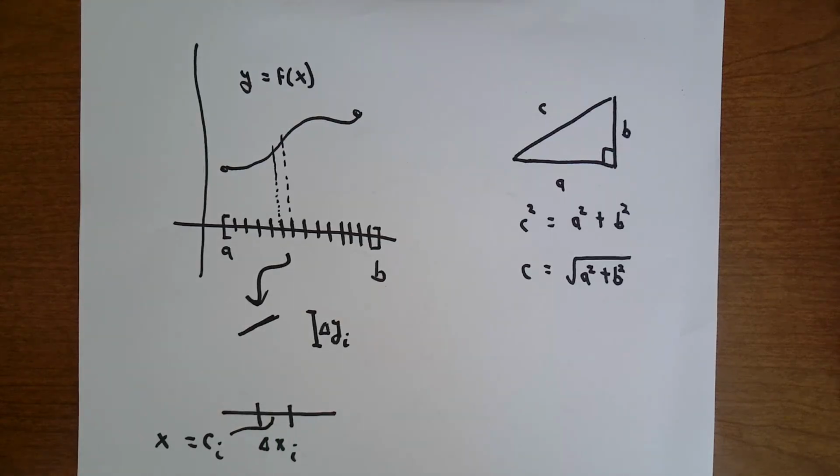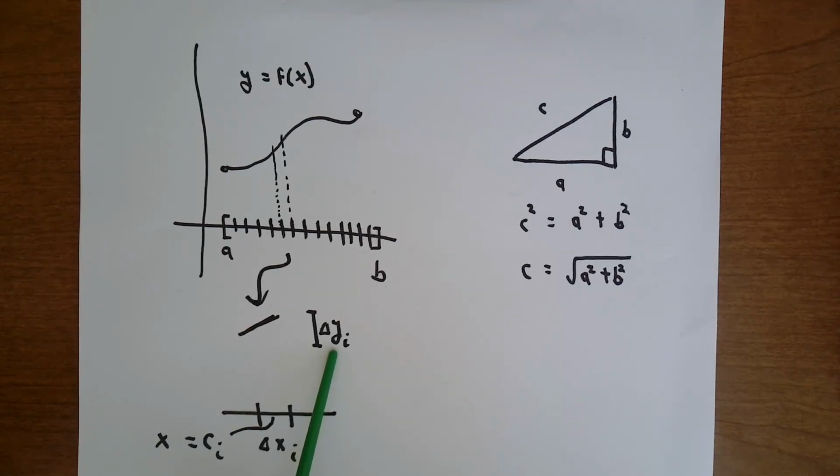The difference between this and what we've done before is I'm wanting to think about the distance along this stretch of the graph. Not only is there a delta x sub i, there is a delta y sub i also.